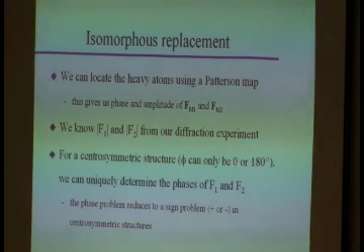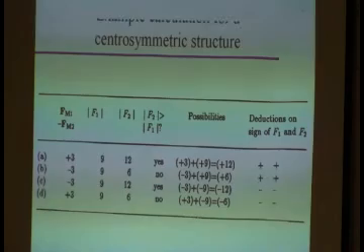In that case, your phase would be 0 or 180, right? That's the only options. If you know Fm1 and Fm2, phases and magnitudes, and you know these magnitudes, you can assign phases for these. How?